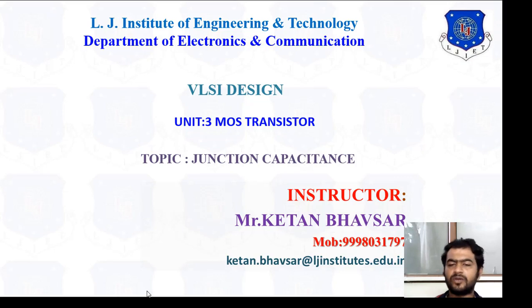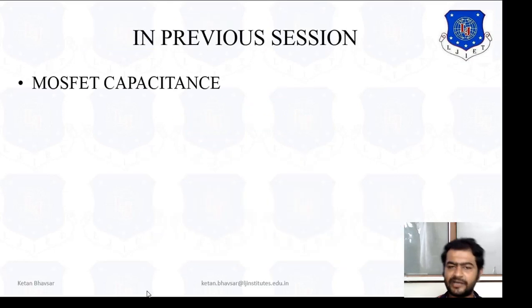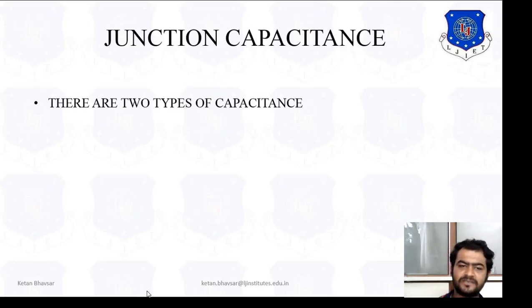We already worked on the oxide related capacitance in the previous session, and we also studied the different voltage variations in terms of the cutoff region, linear region and saturation region. So now we move on to junction capacitance.